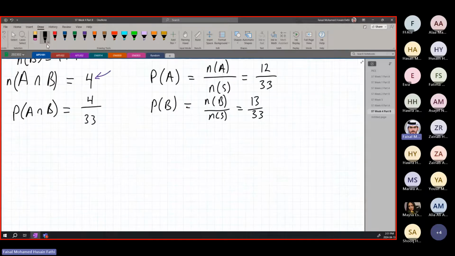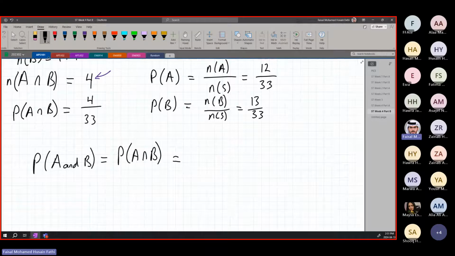So remember, when we were doing the equation, P of A and B, which is P of A intersection B, is P of A times P of B given that A occurs.